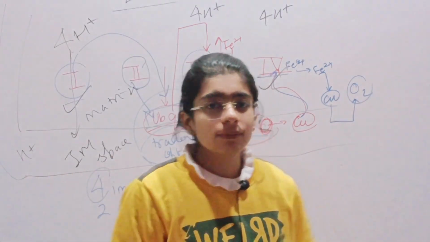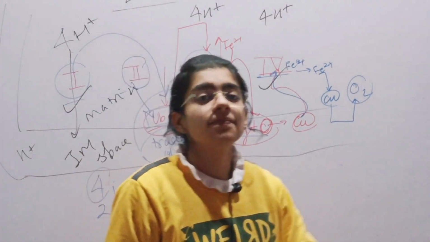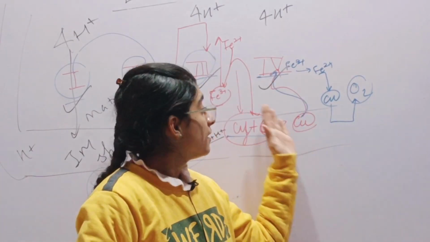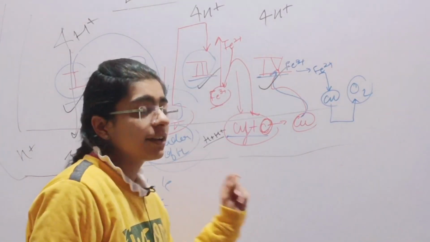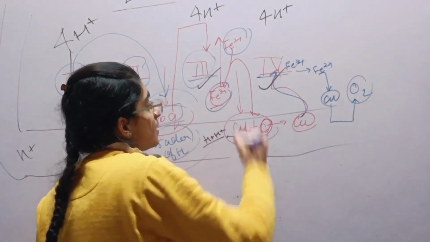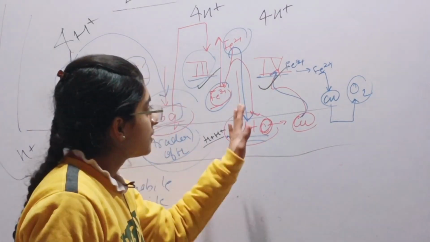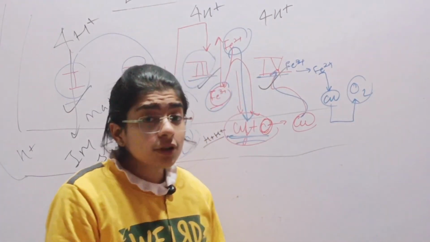Iron is the family member of cytochromes. Third, cytochrome C, and fourth are mainly cytochromes, and iron is the family member of third and fourth. Third is cytochrome B, C1, Fe3 plus to Fe2 plus, and then ultimately to cytochrome C. Cytochrome C will give it to the fourth complex.